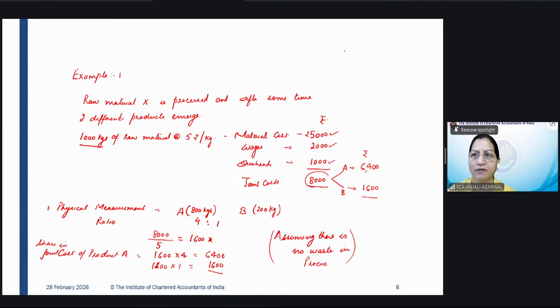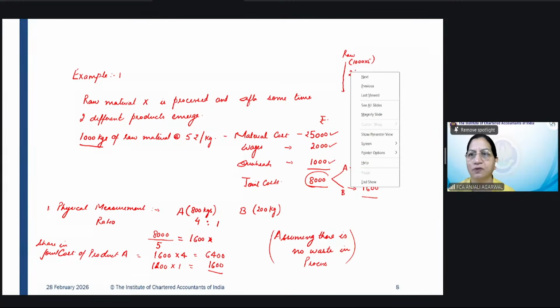So you started here with raw material, 1000 into 5, and you started processing it. You incurred 2,000 rupees of labor, plus 1,000 of overheads are also incurred. So till now, 8,000 rupees is incurred, and then at that point it gets split into product A and B.